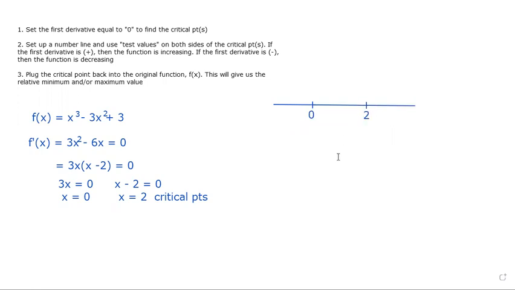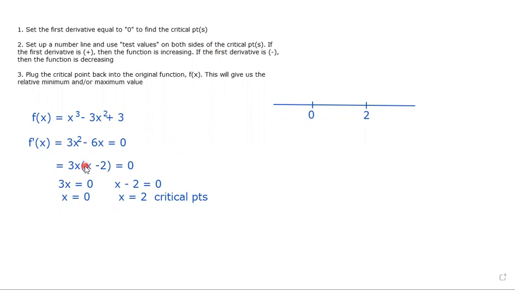Now this is where we want to use our test values, and I'm going to use a different color for them. I want to use any number smaller than 0. It could be -1, -2, -5, anything smaller than 0. It's going to be consistent. And I want to plug this back into our first derivative, the already factored version.